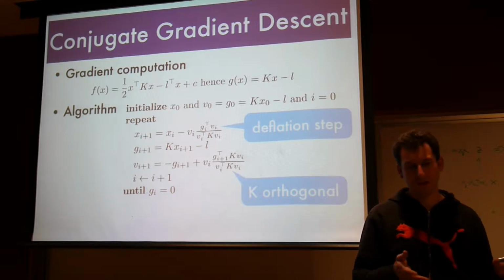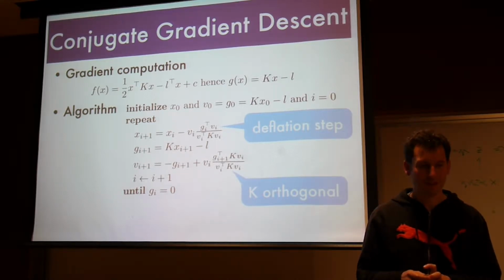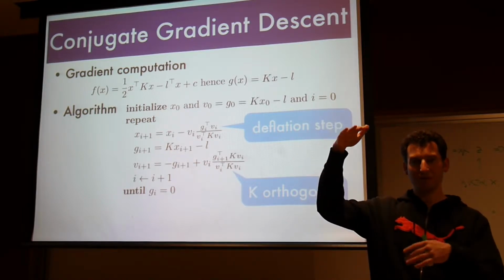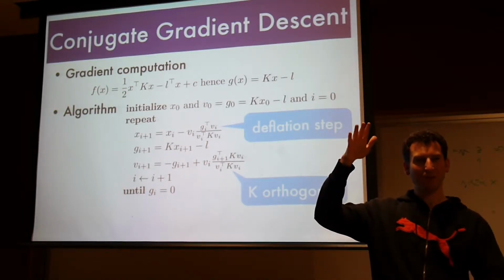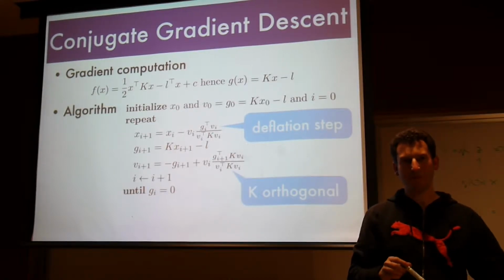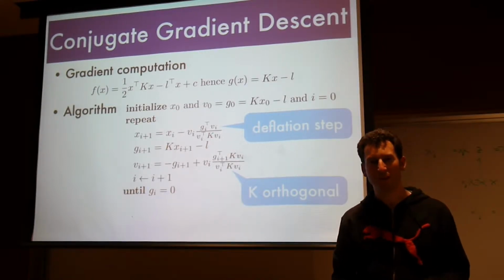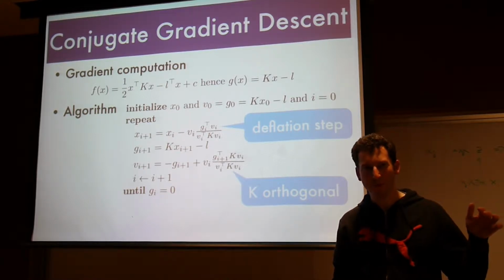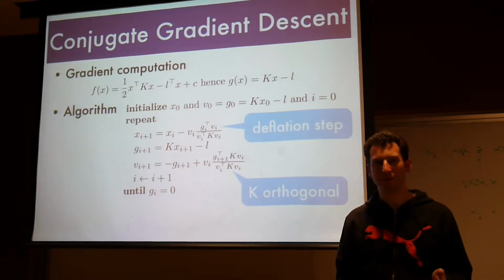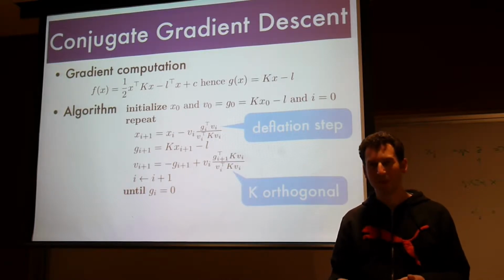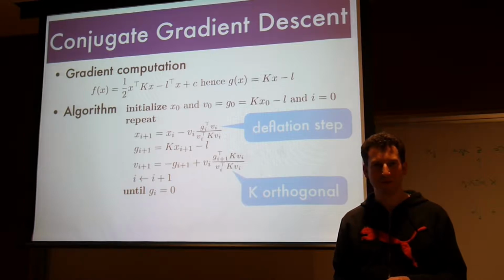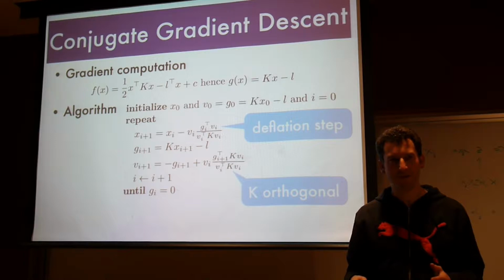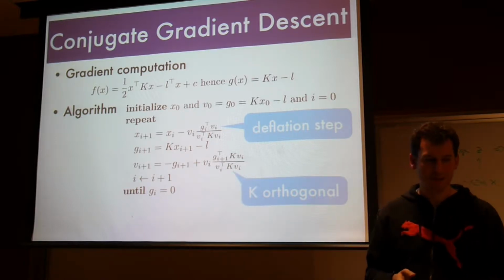And what one can show, and we're not going to go into details here, is that conjugate gradient zooms in on the significant eigenvalues first, and in the space where the eigenvalues are really small, it doesn't do much. So rather than having to do a full matrix inversion, you will be able to find an approximately very good solution after only a few matrix vector multiplications. So it's a method to dramatically accelerate the solution of a linear system if the system happens to be particularly easy.